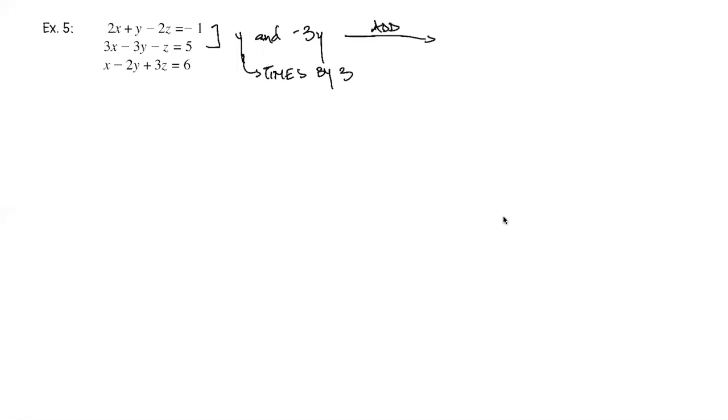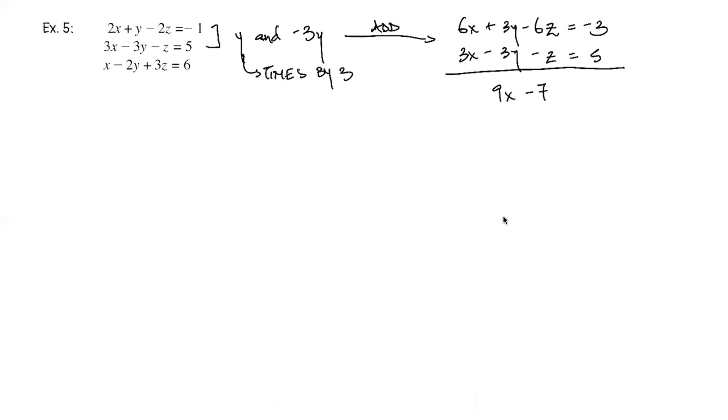So I'm going to get 6x plus 3y minus 6z equals negative 3. And then my bottom equation is 3x minus 3y minus z equals 5. Okay, we have 9x minus 7z equals 2.